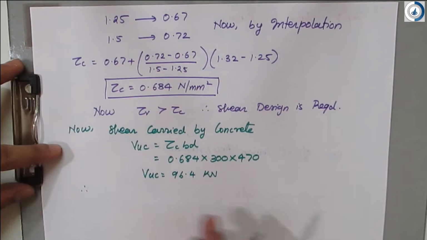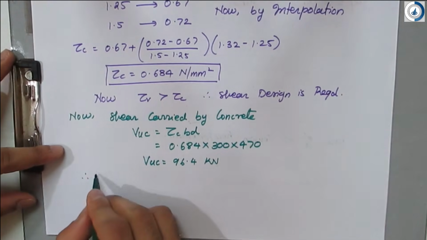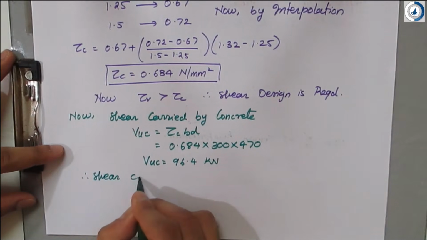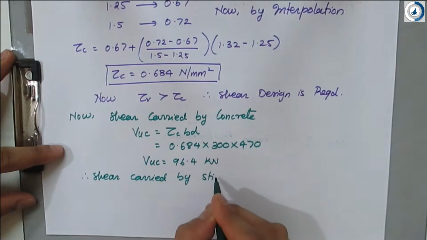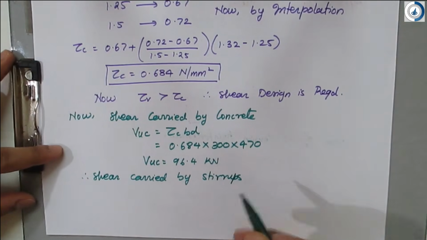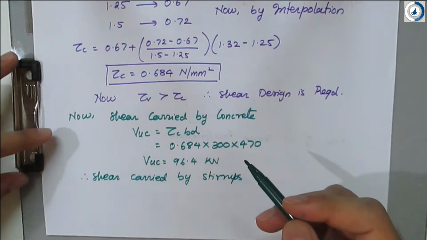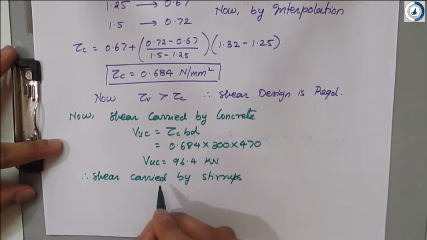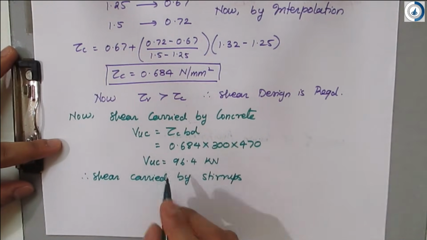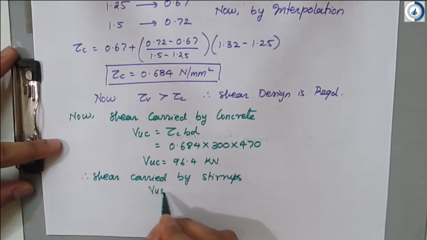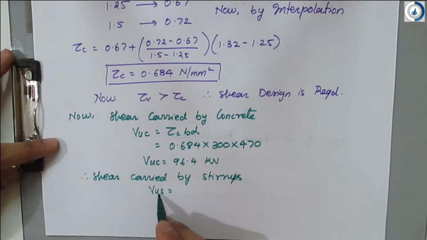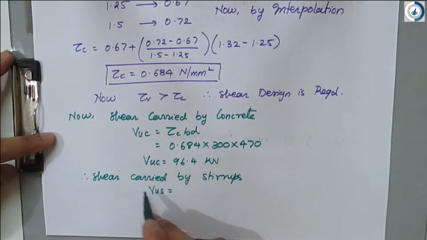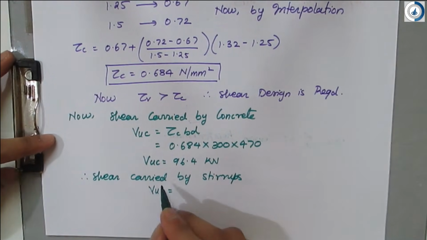Therefore, shear carried by stirrups. You now have to design stirrups. Out of this complete VU, you have to calculate VUS. VUC was the shear carried by concrete. VUS is the shear carried by stirrups. How will you find it?